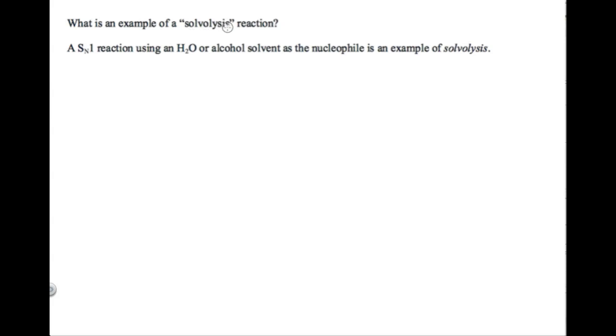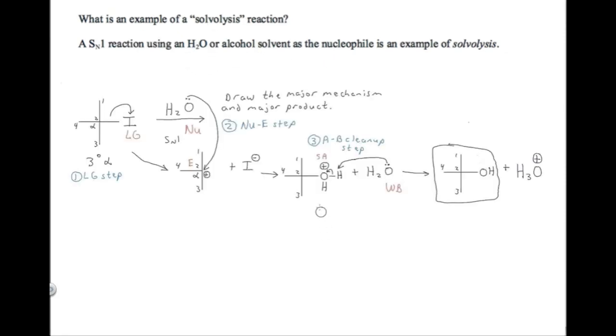And do you know what lysis means? You should know that lysis means breaking. Well, an SN1 reaction that uses water or alcohol as the nucleophile uses the water or alcohol to break apart the substrate. Here's an example we saw in the previous video. This is an SN1 reaction using water as the nucleophile. And do you see how we're using the water to break this substrate into pieces?